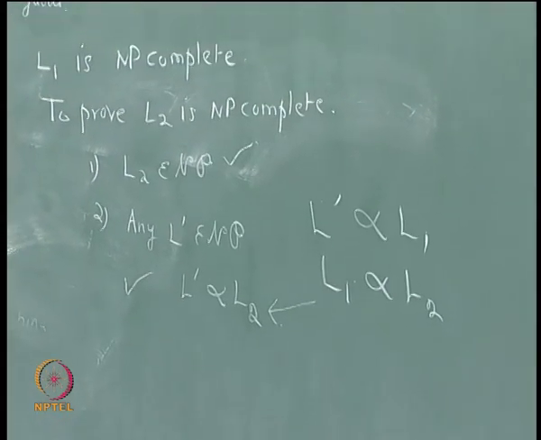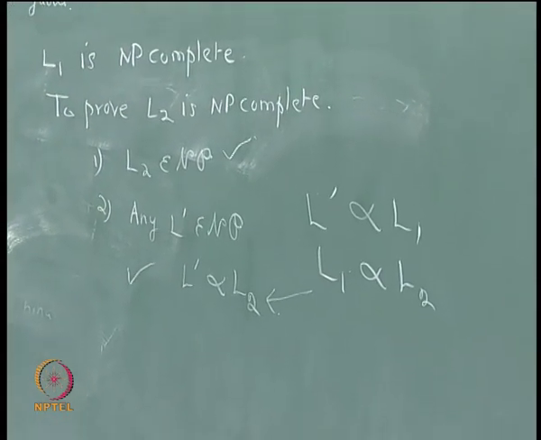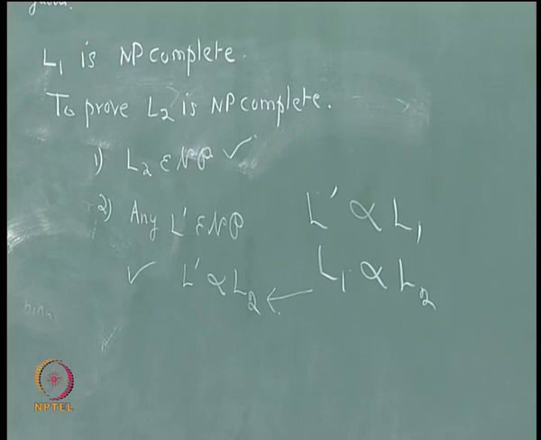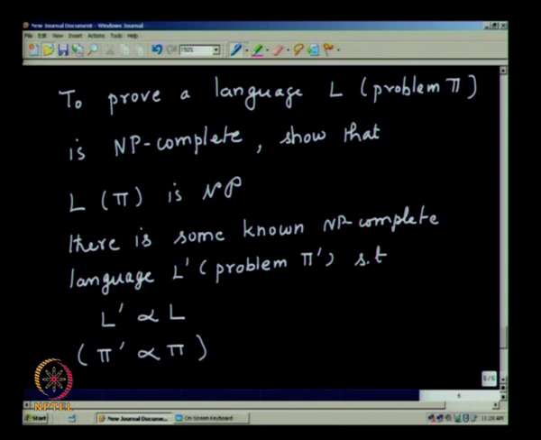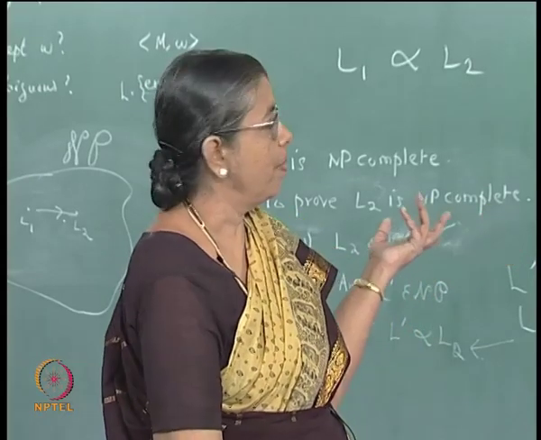Now what you have to do is, you are given a language L or a new problem pi, and you want to show it is NP complete. How do you show that? First of all, you show L is in NP, or for the corresponding problem, pi is in NP.